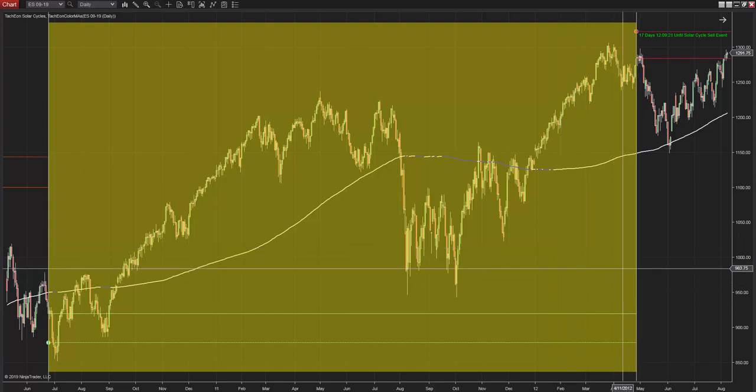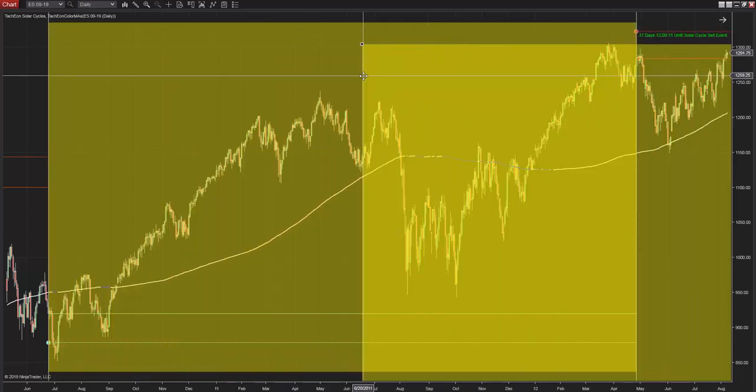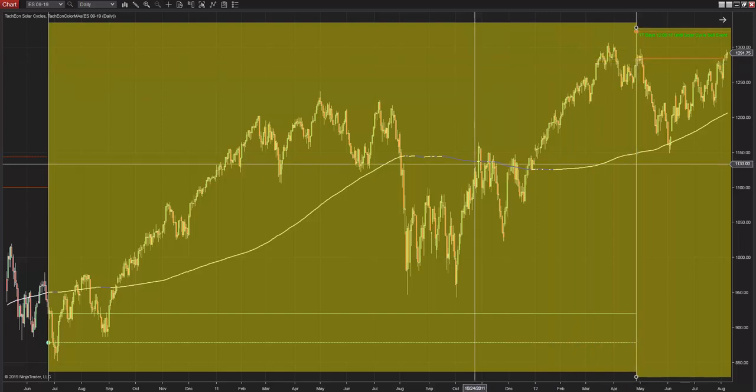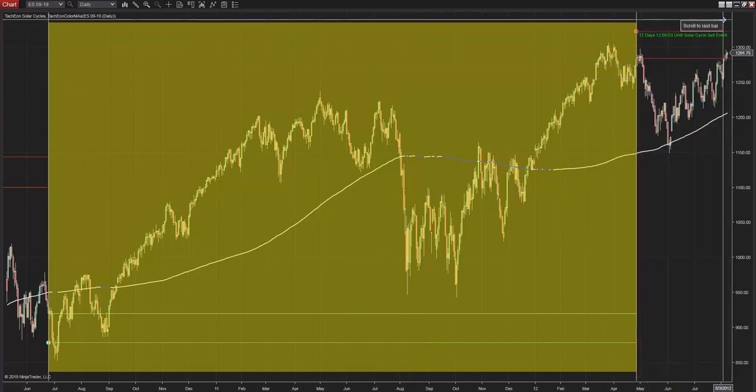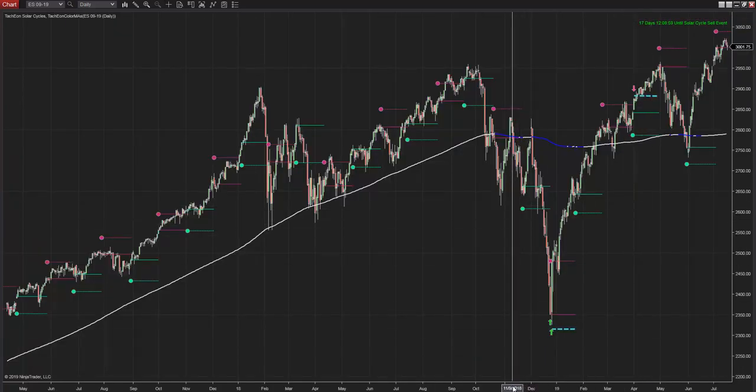If we project this distance forward into the future from the last cycle low, and then subdivide it, we can do some pretty cool stuff. Take a look right here, I want you to see what those subdivisions do.